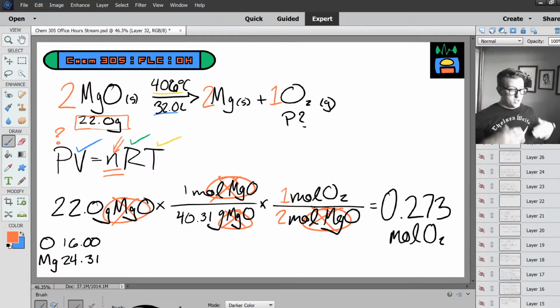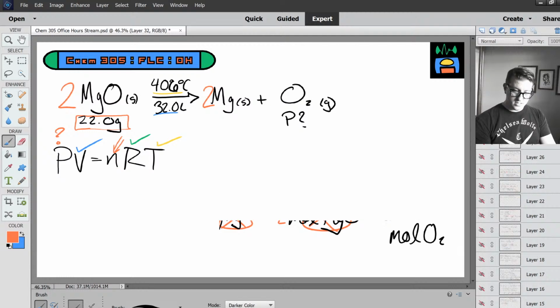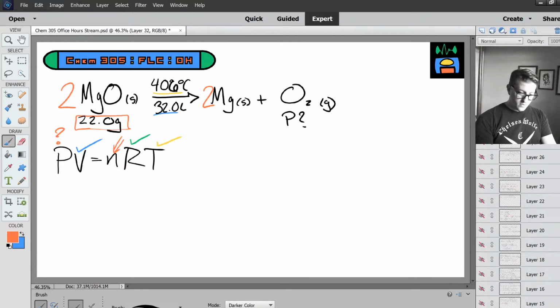Now that we know how many moles of gas we have, we can use the ideal gas law to find our pressure, right? So if we want to solve for pressure, that means we need to divide both sides of this equation by our volume.